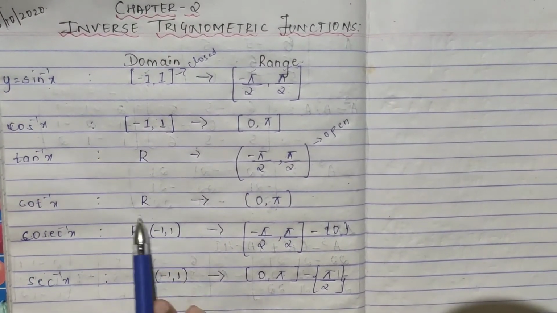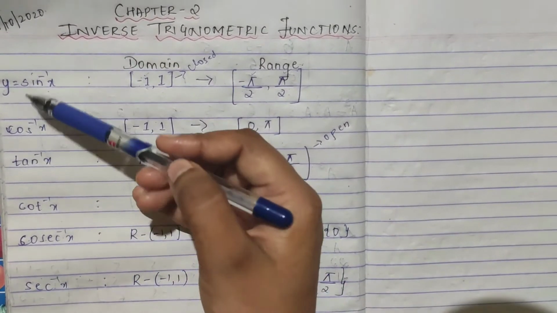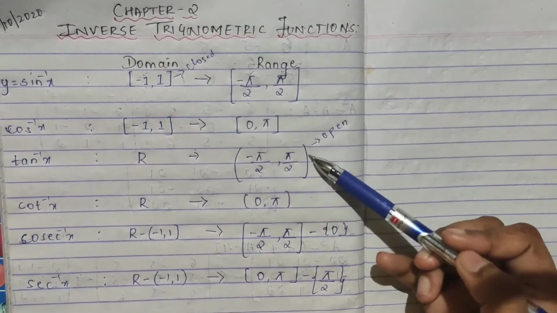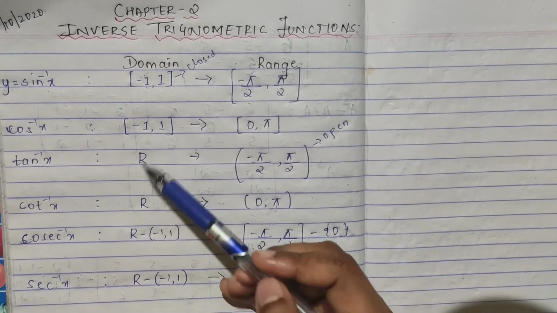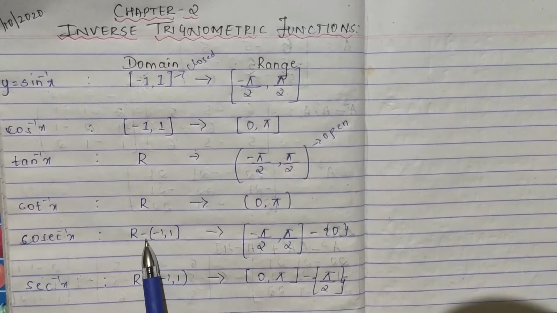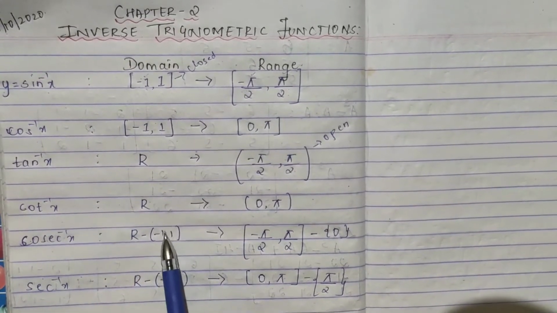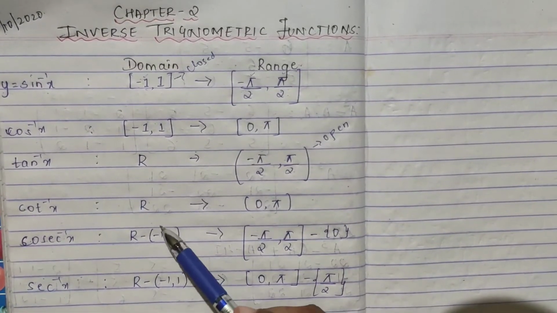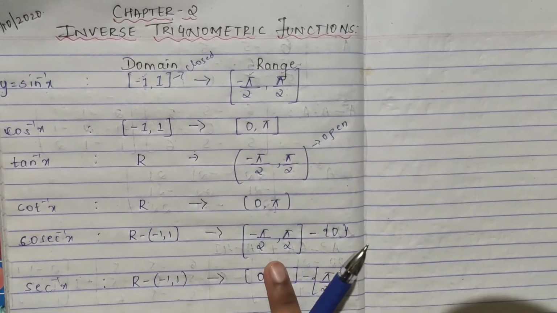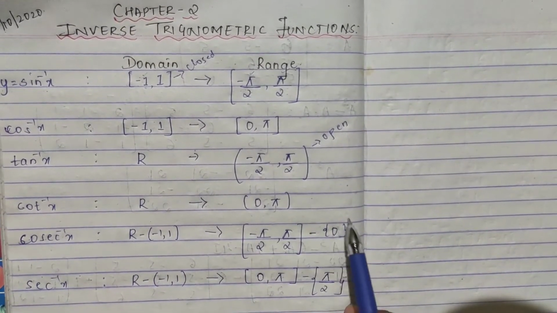Cot inverse domain is the same, range is the open interval 0 to pi. See, sine and cos are alike, tan and cot are alike, but the intervals are open and the domain is all real numbers. For cosec inverse, the domain is real numbers except the part between -1 and 1, excluding that part. And the range is -pi by 2 to pi by 2, except at 0.